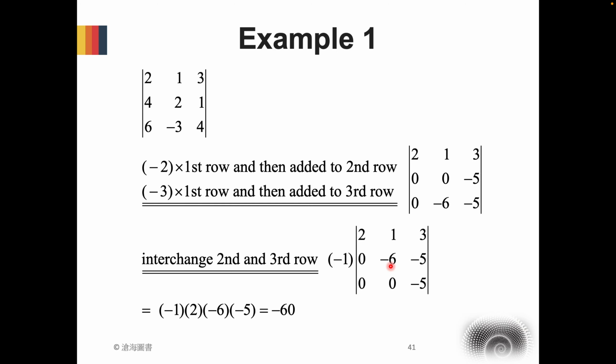If we interchange two rows, remember we need to multiply the determinant by -1. Then it is very easy to calculate the determinant of this triangular matrix because we just multiply the diagonal entries. So the result would be -1 times 2 times -6 times -5, which is -60. This is a very easy way for us to calculate the determinant.